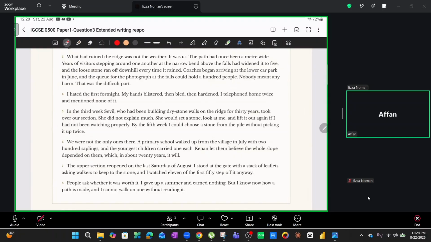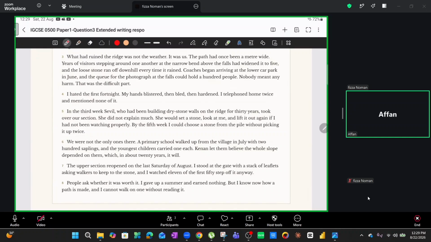I hated the first fortnight. My hands blistered, then bled, then hardened. I telephoned home twice and mentioned none of it. In the third week, Seville, who had been building dry stone walls on the ridge for 30 years, took over our section. She did not explain much. She would set a stone, look at me, and lift it out again if I had not been watching properly.